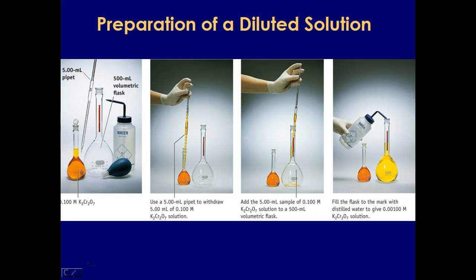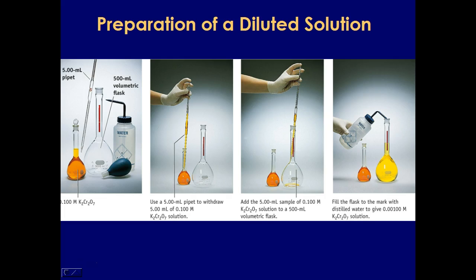A dilution is prepared by taking a certain amount of a stock solution, either using a very precise graduated cylinder, which is what you all did, or you could use a volumetric or graduated pipette. You obtain some of that standard solution and add it to water, depending on what you're working with. Sometimes you're going to put some water in there first, especially if it's a strong acid or something like that.